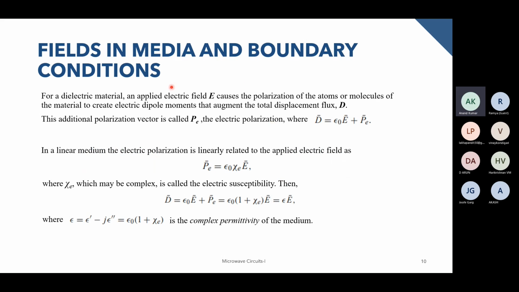We also looked at the polarization and then the boundary conditions. We gave a relationship between the electric flux, the electric field, and the polarization, which we defined for a linear medium like this. And then we looked at the complex permittivity.